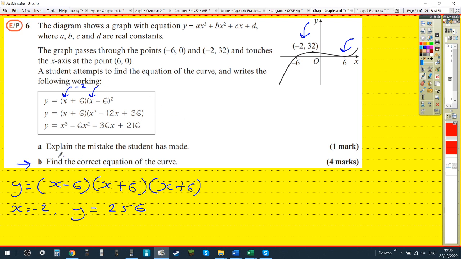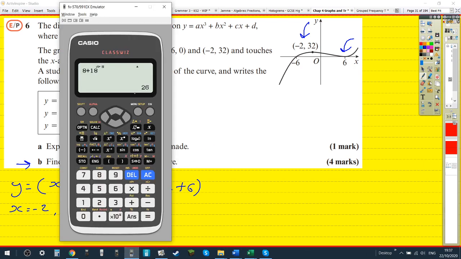So what would we have to do to our equation so that instead of getting 256, we get 32? Yeah. So we divide it by a certain number. So it's 256 divided by 32.